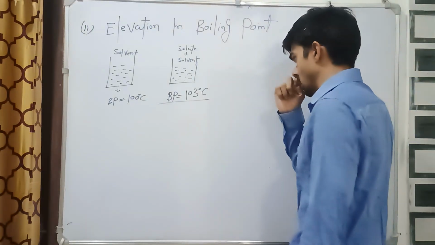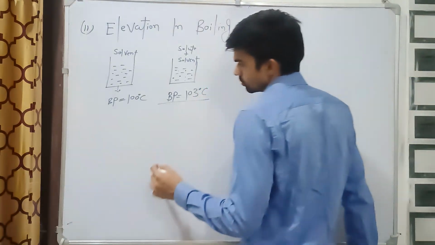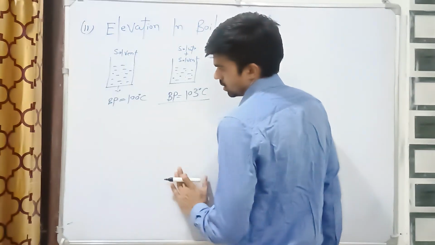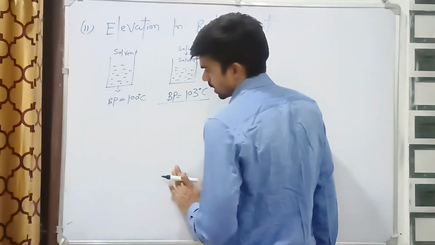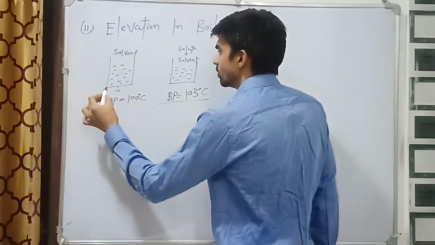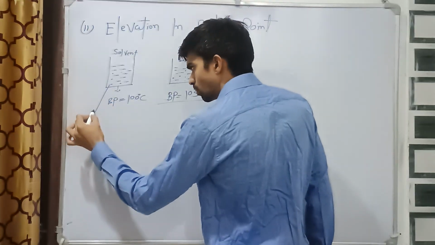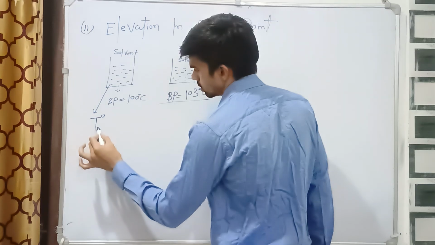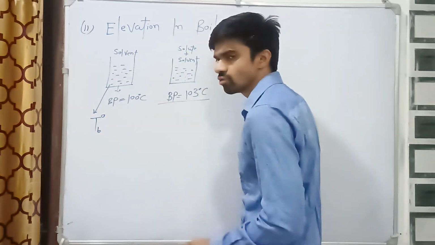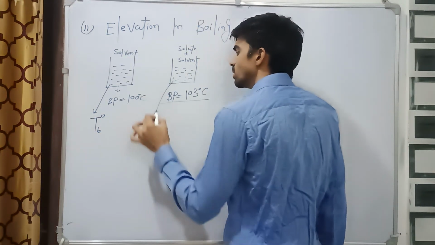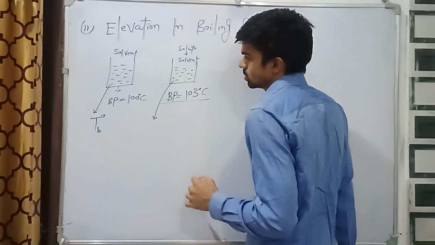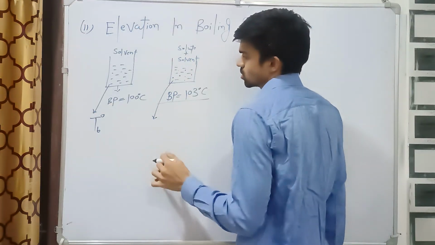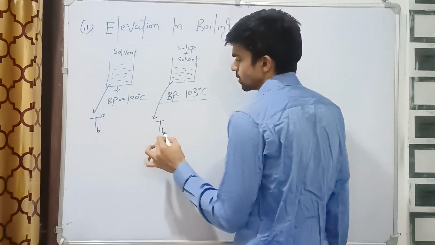Now, if we show this in graph, now let us consider the boiling point for pure solvent is T naught B. Naught stands for pure, and the boiling point for solution, that is solute plus solvent, is TB.